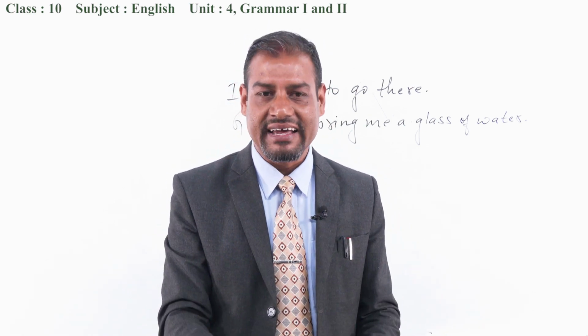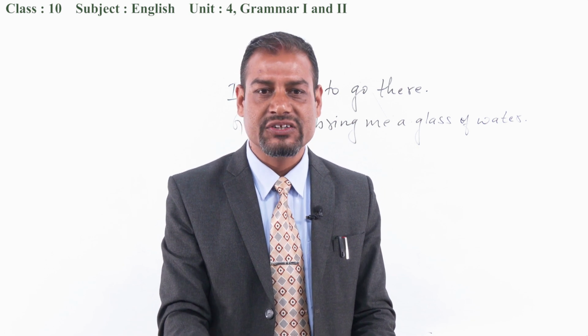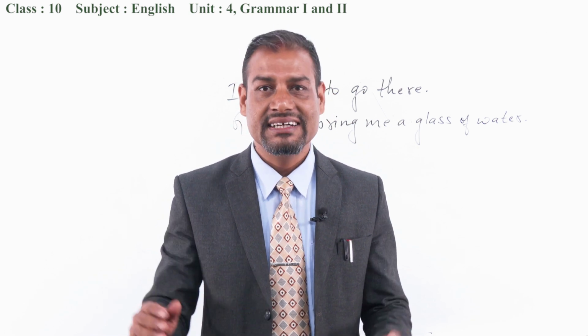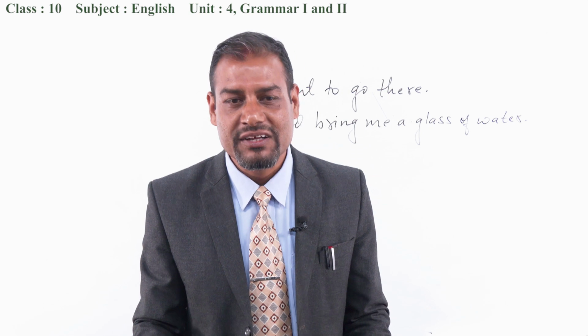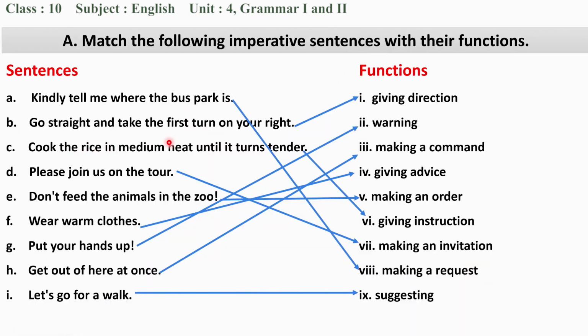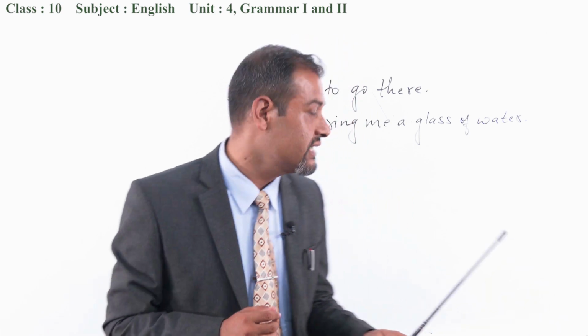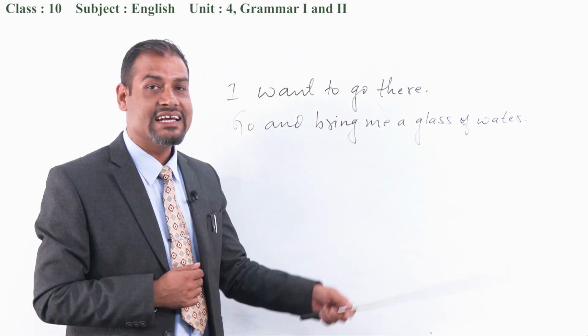And don't forget that, as we have already practiced in our task, kindly tell me where the bus park is, and go straight and take the first turn on your right. These sentences all started with the verb, but they function differently, okay? They have different purposes. For example, I can say, go and bring me a glass of water.